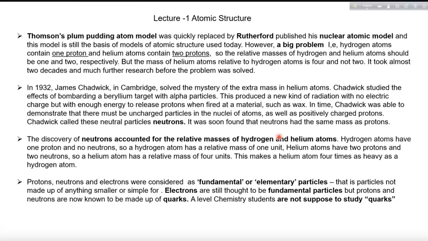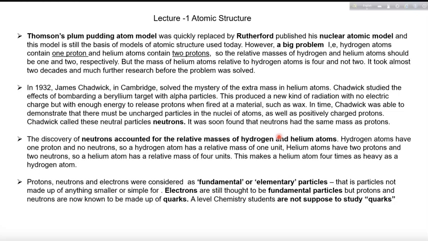You know, we used to call protons, neutrons, and electrons fundamental particles. And fundamental particles means these are the smallest particles. But now, though the electron is still a fundamental particle, protons and neutrons are no longer known as fundamental particles.